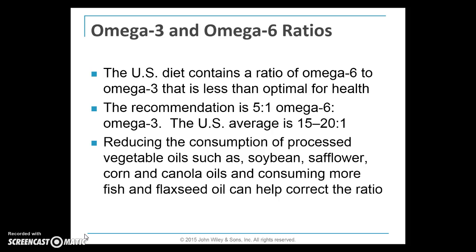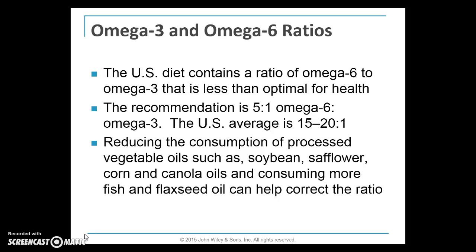So what's the deal between omega-6 and omega-3 fatty acids? Well, the diet contains a ratio of omega-6 to omega-3 that's not optimal for health. We actually consume more omega-6s than we need, and not enough omega-3s. The recommendation is a ratio of 5:1 of omega-6 versus omega-3, but on average we're consuming a ratio of 15 to 20 to 1.